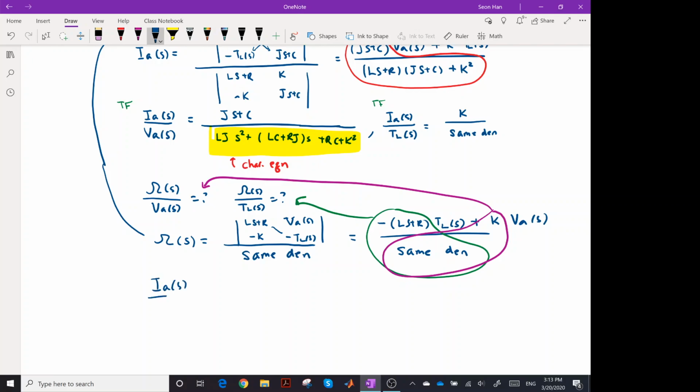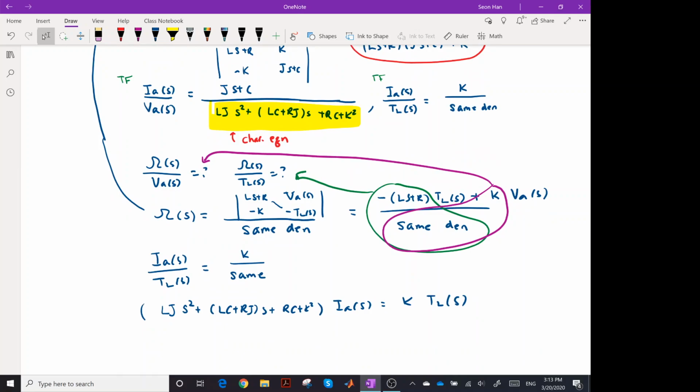IA sub s divided by TL sub s, that's k divided by all the same denominator. And when you cross multiply, you have LJ s squared plus LC plus RJ s plus RC plus k squared, the current equals k times TL sub s.